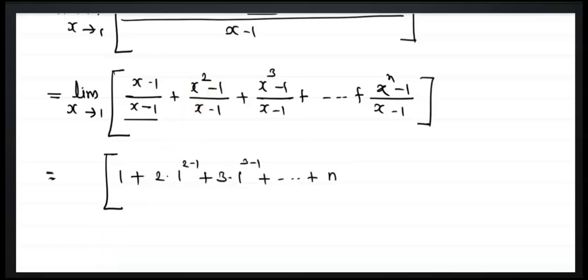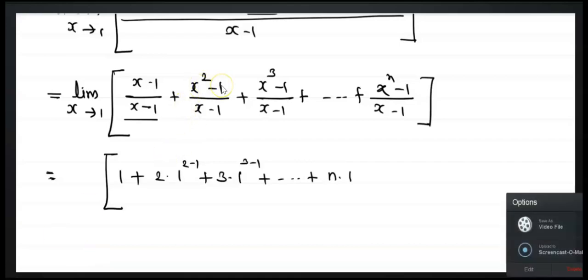What about the second? Now here, see this. That is x square minus 1, where 1 means 1 square. That is x square minus 1 square upon x minus 1. Therefore, you will get 2 into 1 raised to 2 minus 1 plus 3 into 1 raised to 3 minus 1 plus dash dash. And what about the last term?